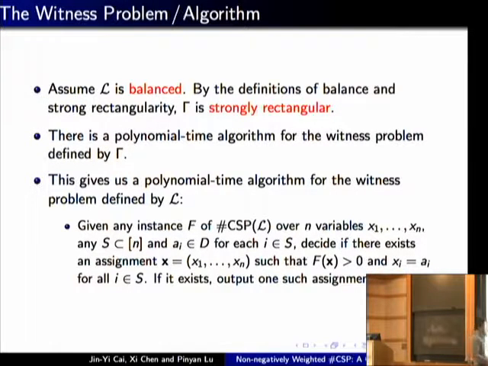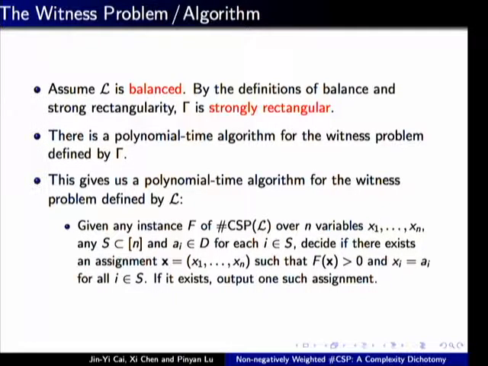So it's essentially the same problem. We have an instance, and we can fix a subset of variables in any way we want. And we ask if there exists an assignment for the rest of the variables so that f evaluates to be positive. And it's just a very simple reduction.